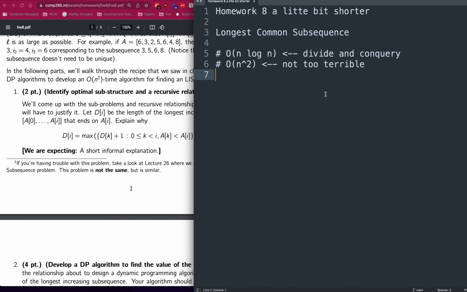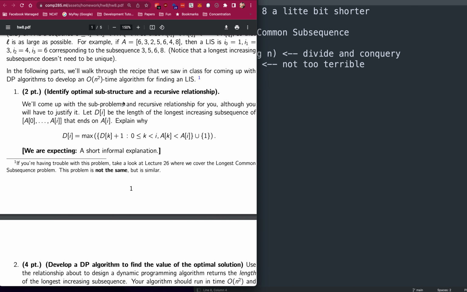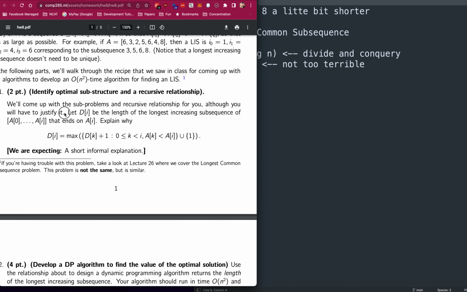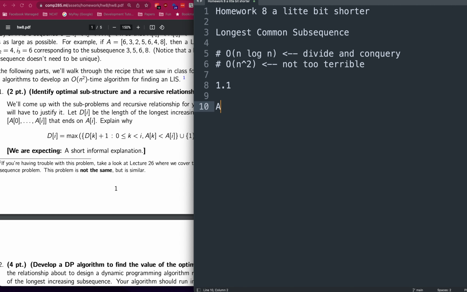So part 1, 1.1 here says we first want to identify the optimal substructure and the recursive relationship. Actually, what I did here is I gave you the substructure. So we said, let's come up with the subproblems and a recursive relationship, although you have to justify it. You have to tell me why this works. So I say, let d_i be the length of the longest increasing subsequence from A_0 to A_i, right? Again, we have an array with a bunch of numbers.